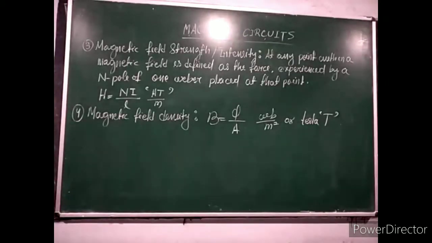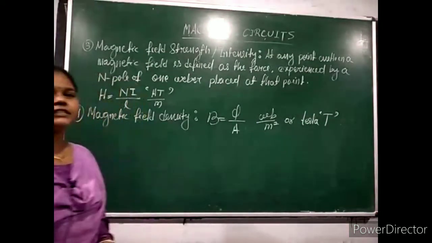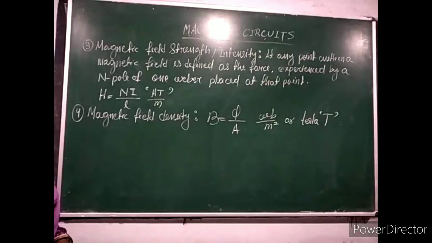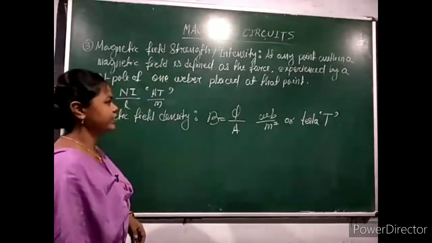Next we see what is magnetic field strength or magnetic field intensity. Magnetic field intensity at any point within a magnetic field is defined as the force experienced by a north pole of 1 Weber placed at that point, or you may say the force exerted by the unit north pole to attract magnetic material if you place it nearer to it.